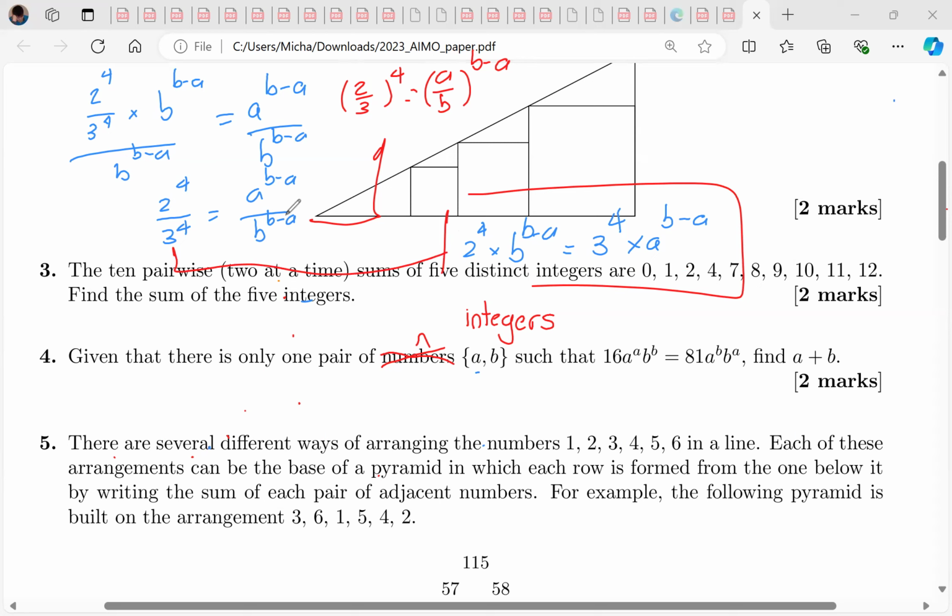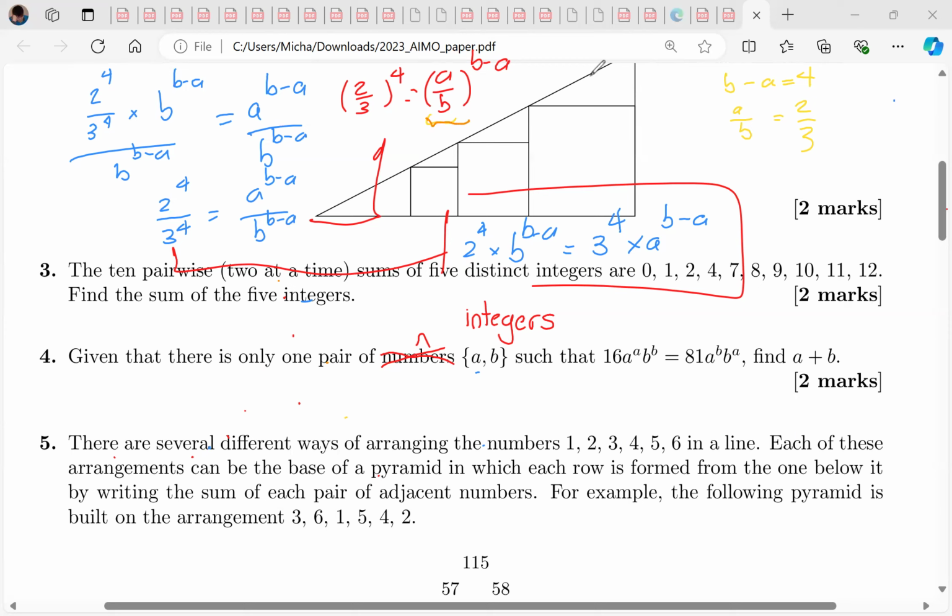Same thing with a to the b minus a, b to the b minus a. So you can see this, right? For them to be the same, let's look at it. If b minus a is 4, and a on b is equal to 2 on 3, then they're going to be the same, right? Because then this is 2 on 3 to the power of 4, basically.